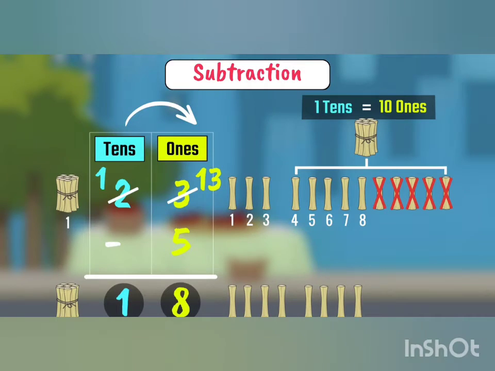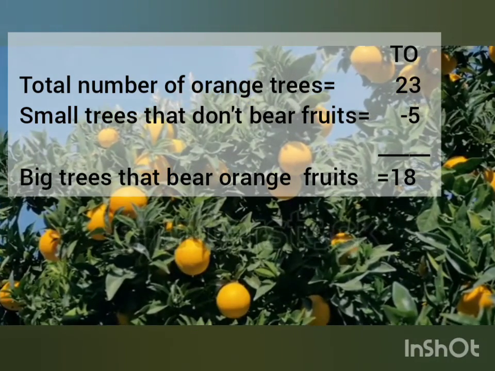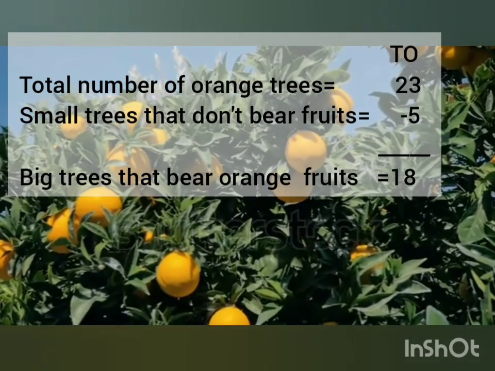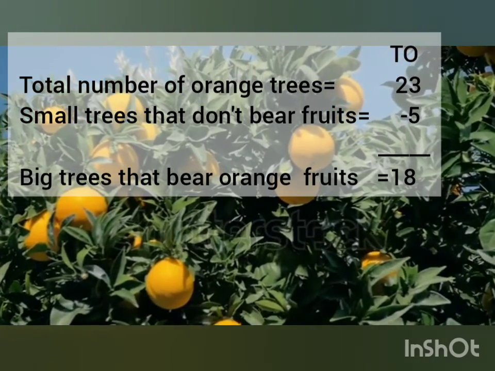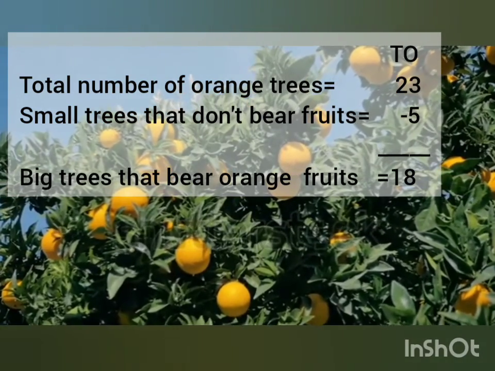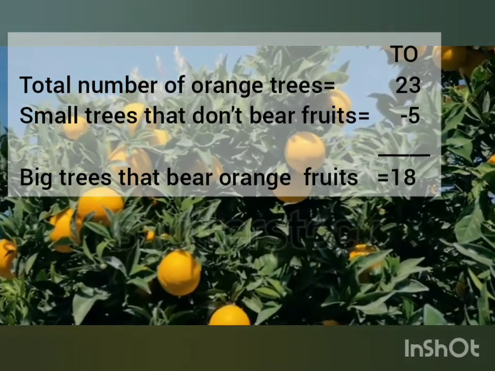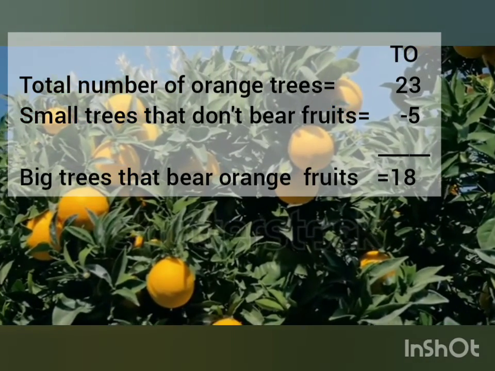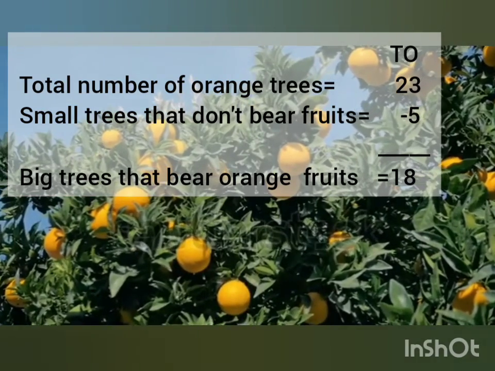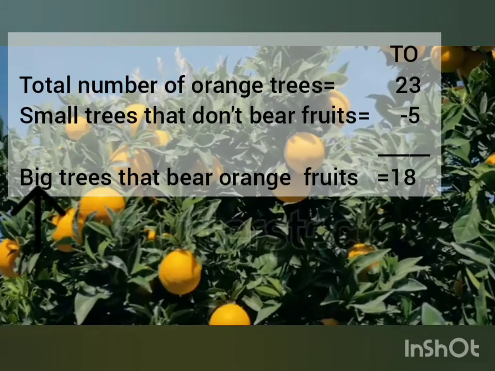It means the total number of big trees that bear orange fruits equals 18. Now I hope kids you know what we have to do next. Yes, we have to find out the adjective words used here. And our adjective words are, yes, small and big.